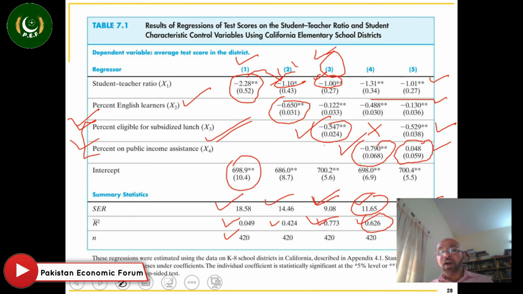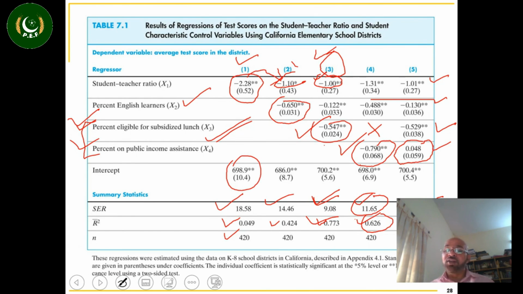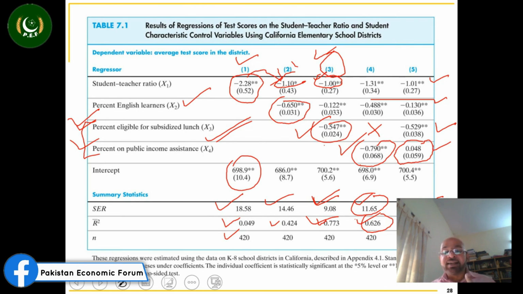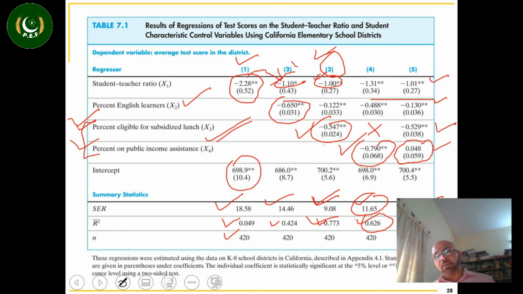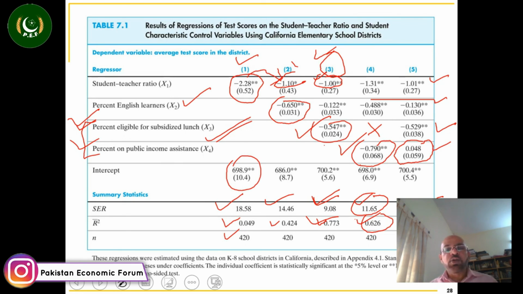So model 5 is not preferable over model 3 because you have included an additional regressor, but results remain the same. So we'll live with model 3, or with some justification you can also live with model 4. From these 5 models we say that model 3 or model 4 is our choice.